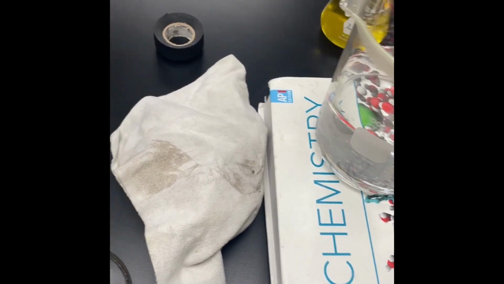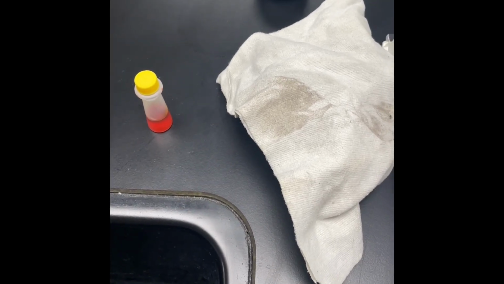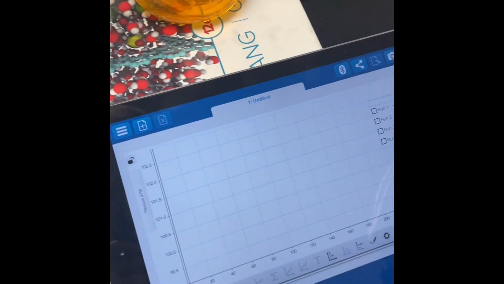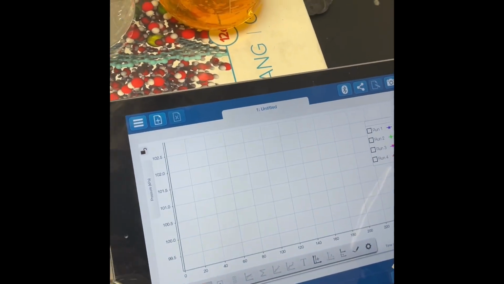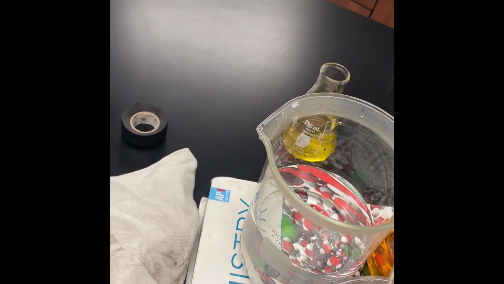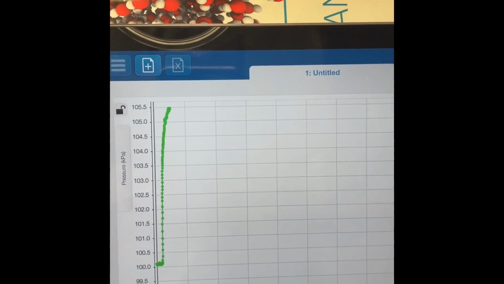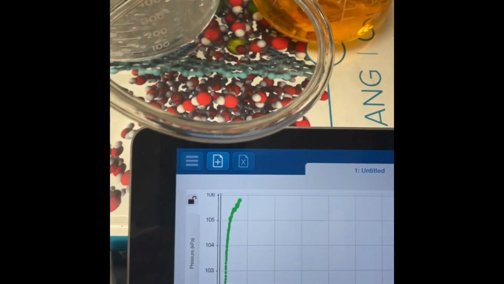Now we're adding the pressure probe. And let's start this. Okay, I'm squeezing down hard on this, and we got a high pressure situation on the inside. I'm holding this tightly.